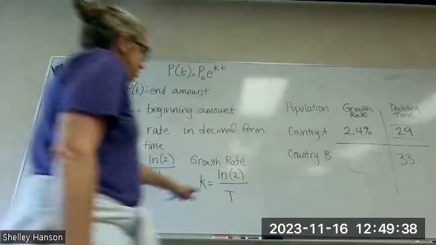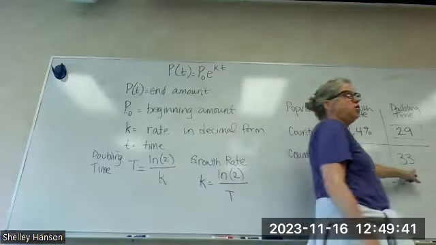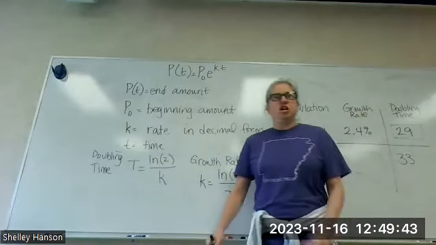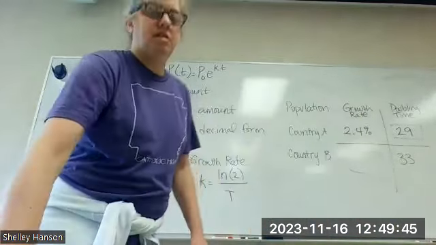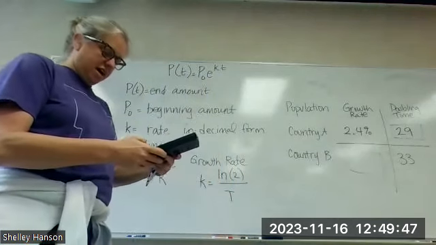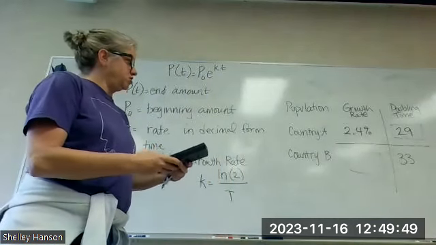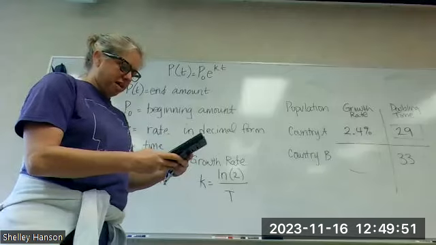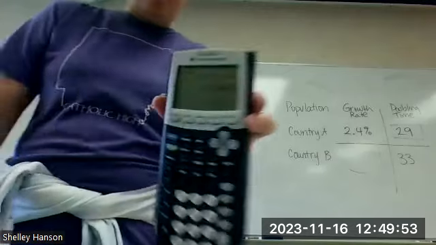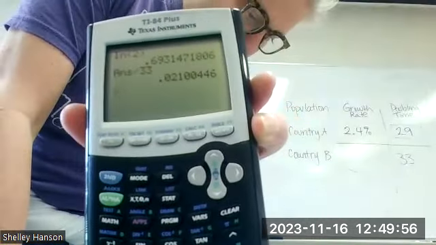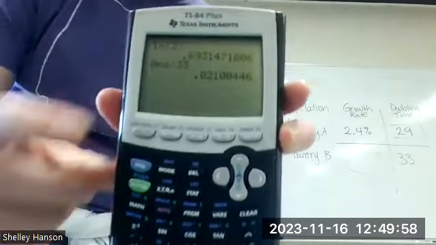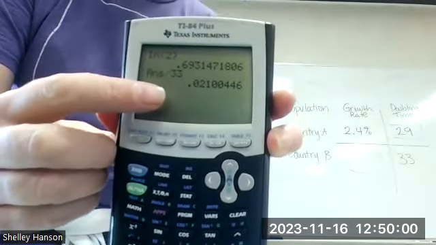So ln of 2, what was the doubling time? It took 33 years. So I just have ln of 2, close it, enter, and then divide that by 33. Now this says to the nearest 10th. It's in decimal form, first of all.